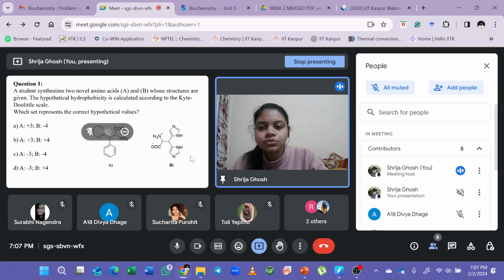Okay, so we have two structures here. Can anyone tell me what is the difference between the two structures? Can you see any significant difference in any of the physical or chemical parameters? There's a very significant difference if you see carefully.